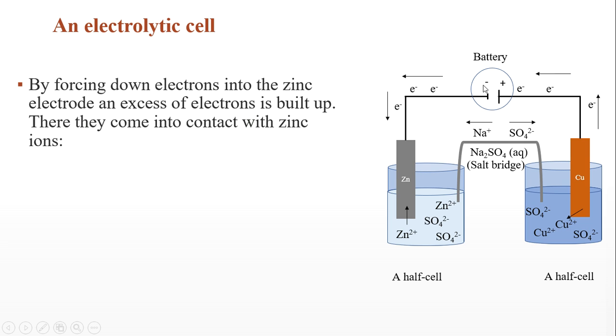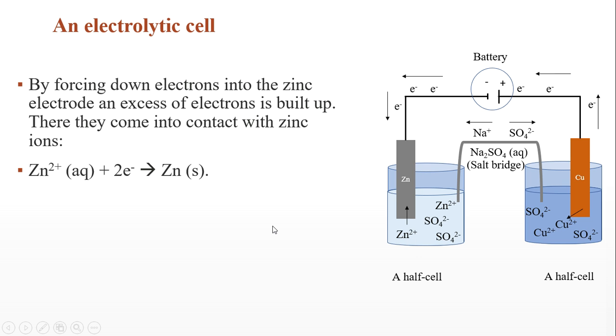We force electrons from the negative pole. The negative pole of a battery generates electrons, just like our voltaic cells did previously. So electrons are generated here, and since the potential is higher than the zinc copper battery, the electrons move down into the zinc electrode over here. These electrons correspond to a negative charge, and they can then come into contact with zinc ions at the surface here.